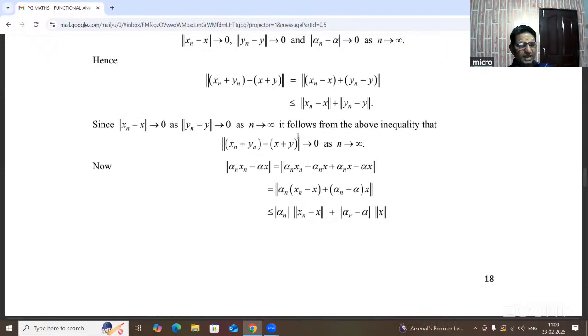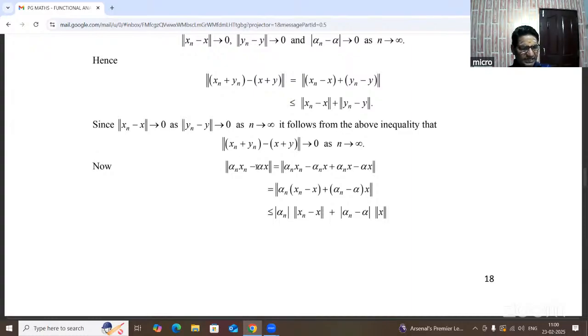At the same time, these all converge to 0 from the above inequality. Now the continuity condition: norm of xn plus yn minus x plus y converges to 0, and norm alpha n xn minus alpha x converges to 0. This is the continuity point.